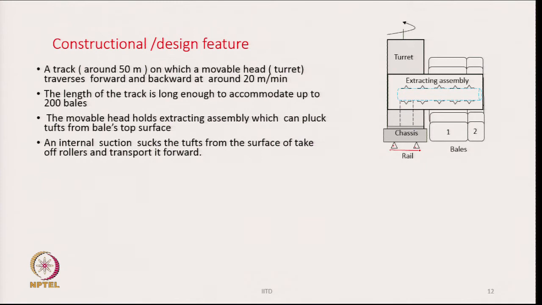So, this entire head consisting of a turret, a chassis, and an extracting assembly is mobile in nature, and to move it there is a rail on which this entire head will keep on moving.